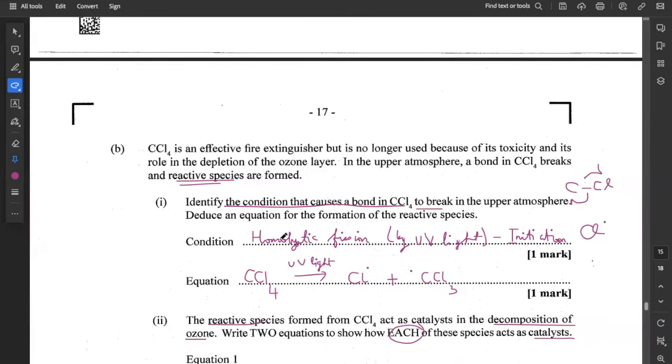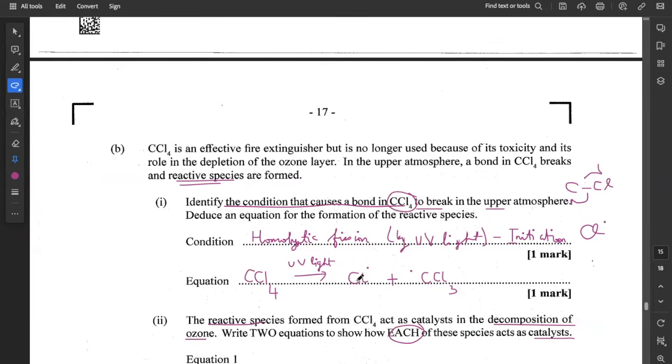So the condition is that there's homolytic fission by the UV light that's present in the upper atmosphere, and that would be our initiation step, if we're thinking about it from a reaction step standpoint. So the equation is going to be that we have our CCl4, and in the presence of UV light, that's going to form this chlorine radical and then the CCl3 radical as well, right?